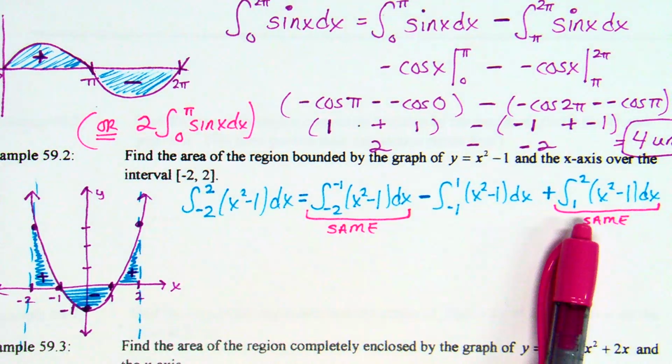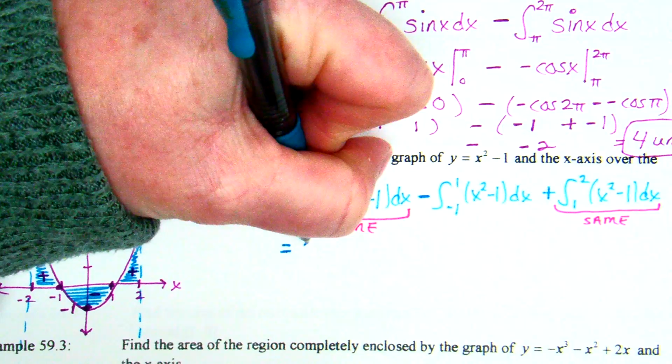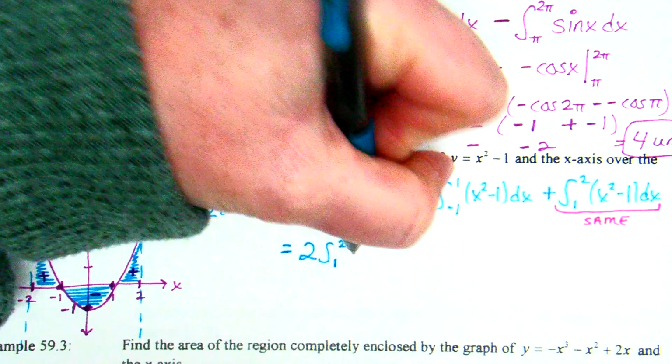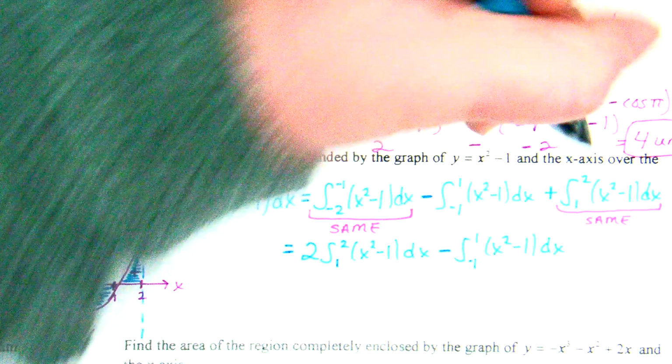Here, if I use the one that is from 1 to 2, that is 2 positives. So before I actually integrate, I'm going to write this out as 2 times the integral from 1 to 2 of x squared minus 1 dx, and then it's still minus the integral from negative 1 to 1 of x squared minus 1 dx.